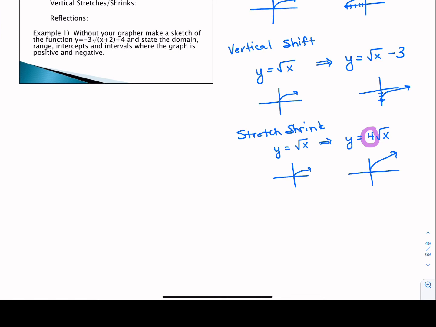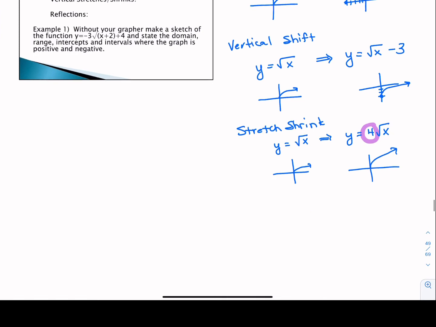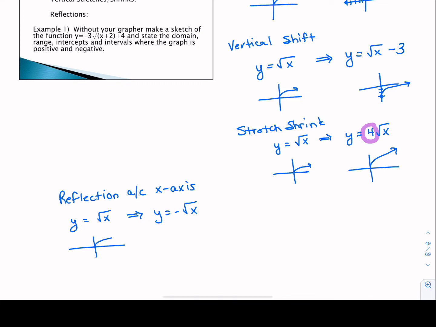The last types of changes we want to explore or remind you of are reflections. And you can have one of two reflections. You can have a reflection across the x-axis. And we know if we reflect something across the x-axis, then your negative sign needs to be inserted in a very specific spot. So if y equals the square root of x becomes y equals negative the square root of x, what happens here is we can see that it creates that mirror image across x.